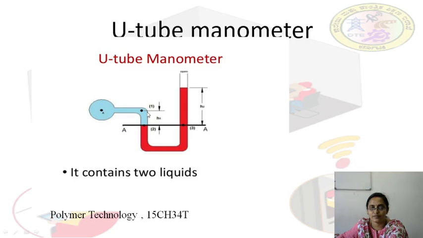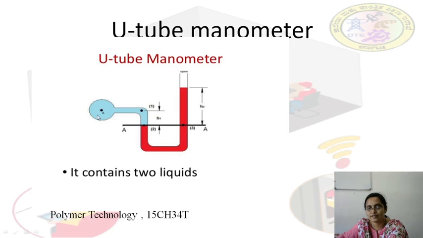One limb of the U-tube manometer is connected to the pipe whose pressure is to be measured, denoted by A. Then we have a datum line, AA. Here both points, say 2 and 3, are at equal pressure. Pressure at point 2 equals pressure at point 3.